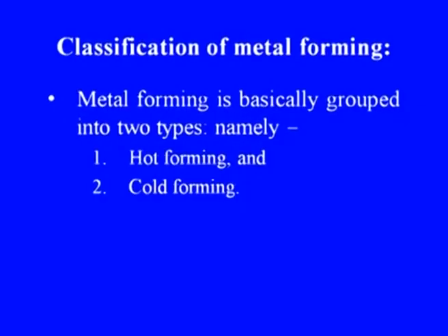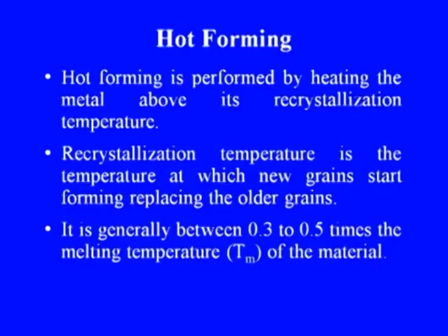Metal forming is basically grouped into two types, namely hot forming and cold forming. Hot forming is the process which is performed by heating the metal above its recrystallization temperature.